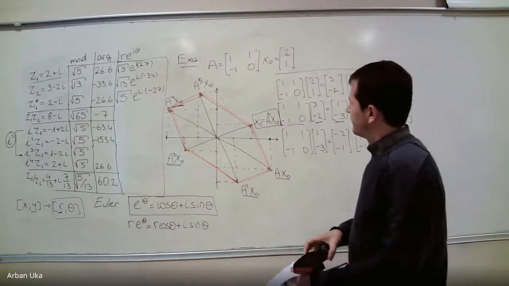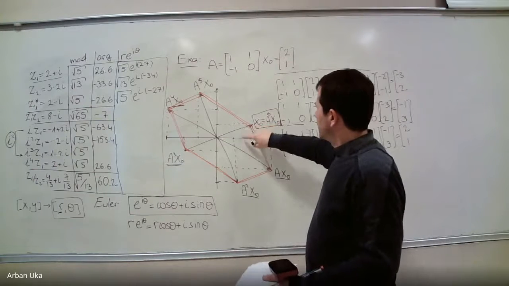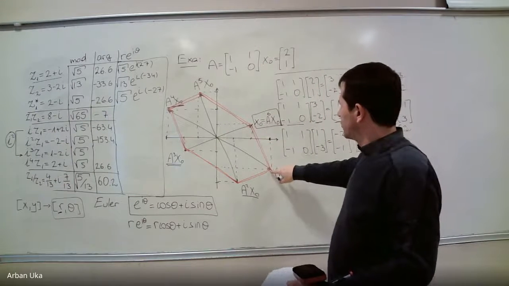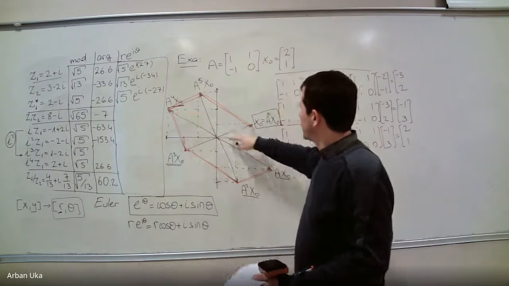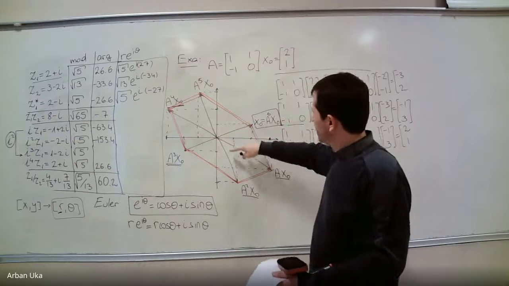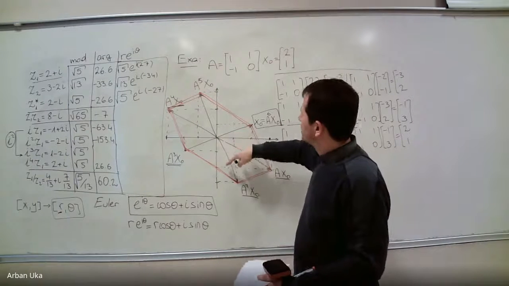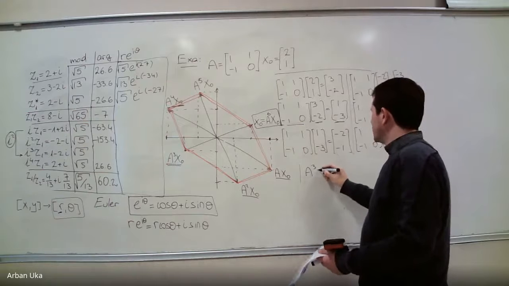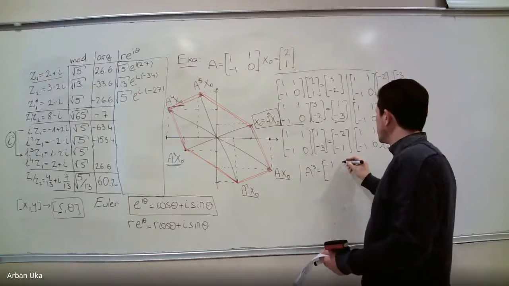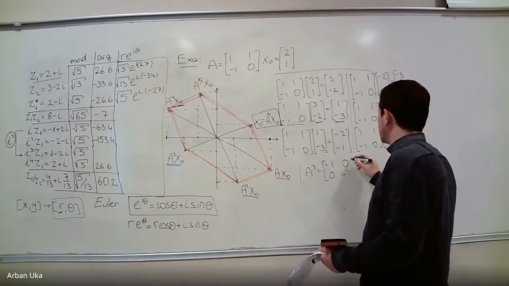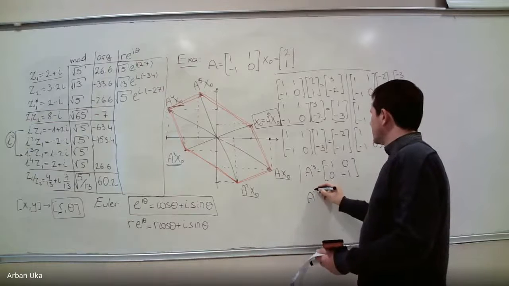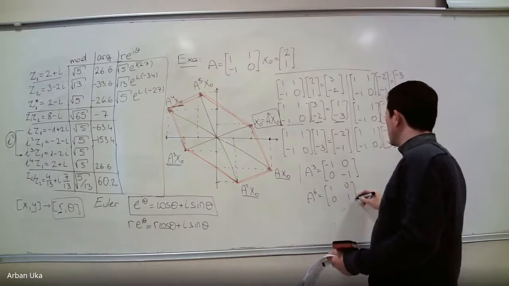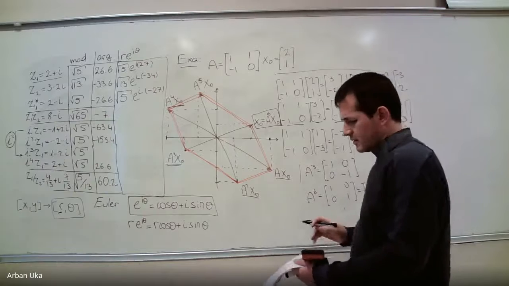Because we can see that from here, you rotate 1, 2, 3, and this is the negative of this one. From this vector, you rotate 1, 2, 3, you get the negative of this vector. Similarly, the negative of this one we obtain by multiplying 3 times by a. So we can simply say that a to the power 3 is equal to minus 1, 0, 0, minus 1, okay? And a to the power 6 is equal to 1, 0, 0, 1, which is the identity matrix.